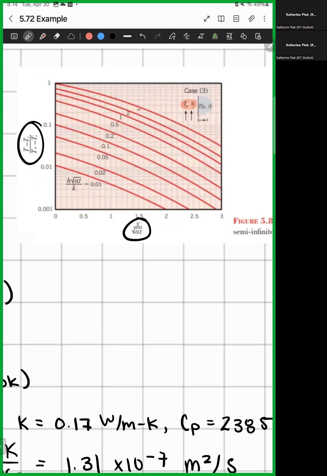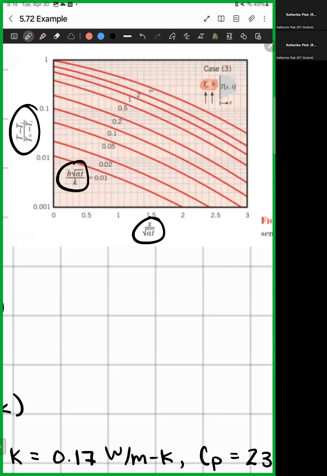And then on this chart, we will be able to find the value of which this equation equals, and then from there we'll be able to solve for t.